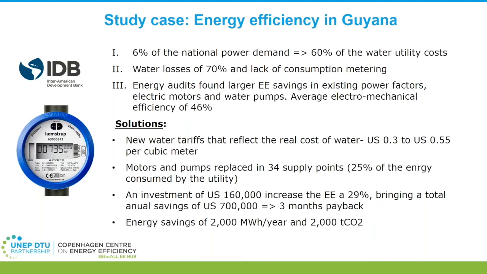In total, they replaced 34 motor pump sets, equivalent to 25% of the electricity consumed in the country for pumping, and are achieving an outstanding energy efficiency increase of 29%, with annual savings of $700,000, and a simple payback of just 3 months.